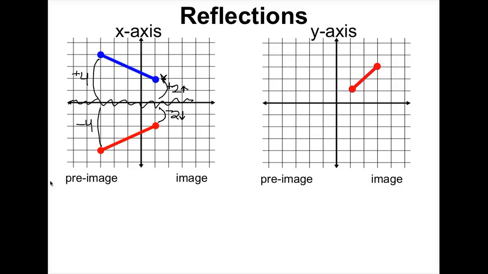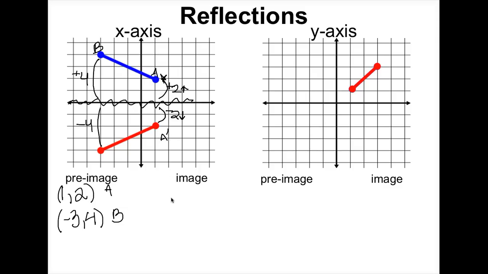So if we take a look down here, our pre-image, our first point was at, we'll say 1, 2, and our second point, so I'm looking at the blue one, my second point was -3, 4. Okay, we'll call this A and B. So A was 1, 2, and B was -3, 4.